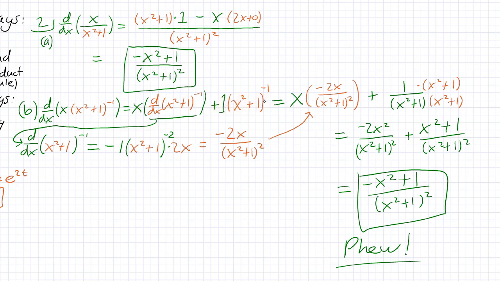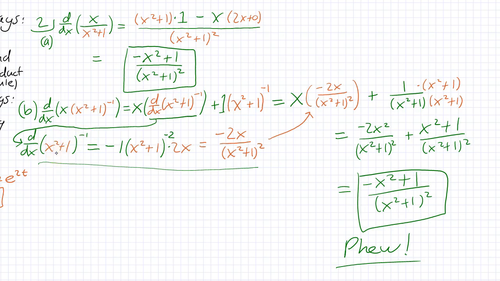So then here's the work I did to do this problem, which itself requires the chain rule. I did it on the side down here, and the outer function is something to the power negative 1. The inner function is x squared plus 1.